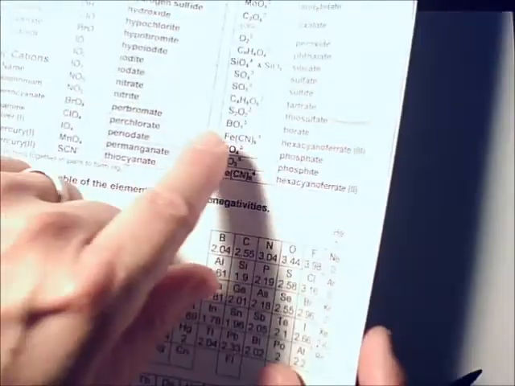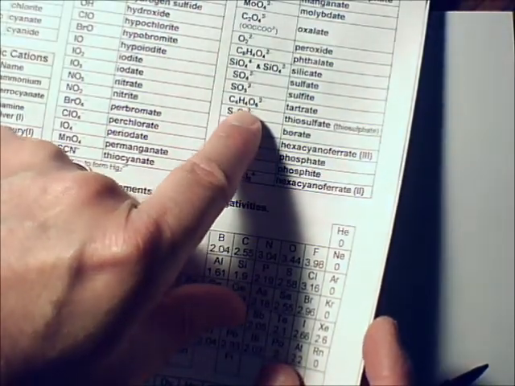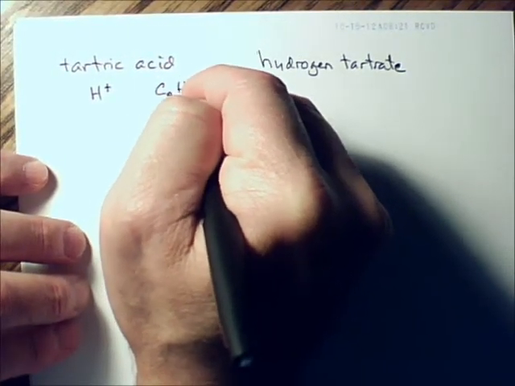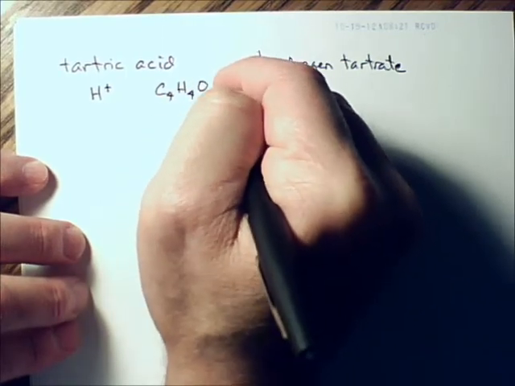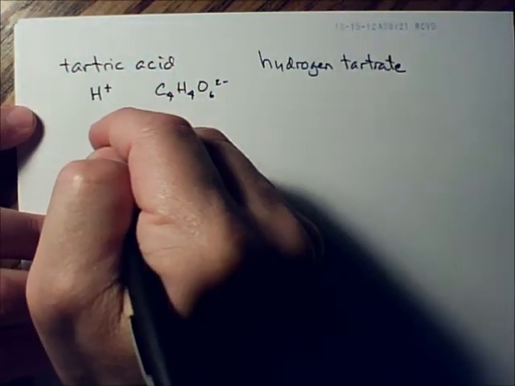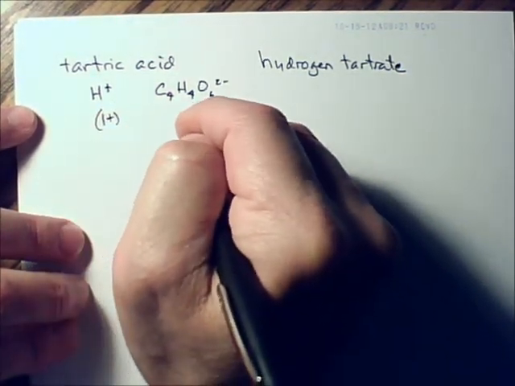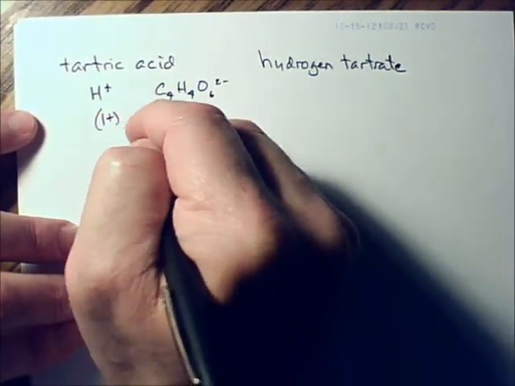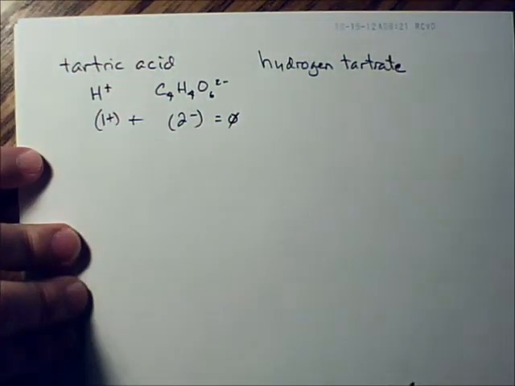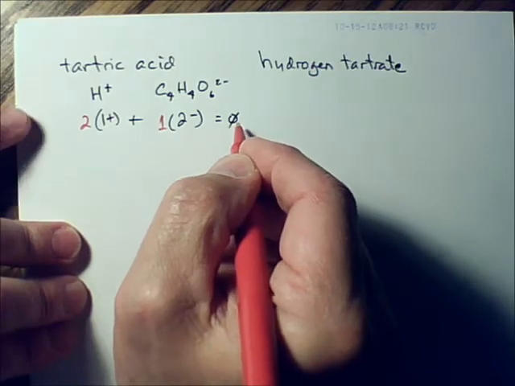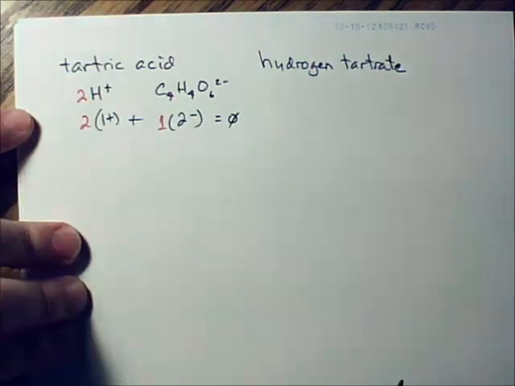Tartrate on the list of polyatomic ions is C4H4O6, 2 negative. So we've got a hydrogen with a 1+ charge and a tartrate with a 2 negative charge. I need 2 of the 1+ charges and 1 of the 2 negative charges to make this equal 0. So I need 2 hydrogen ions.